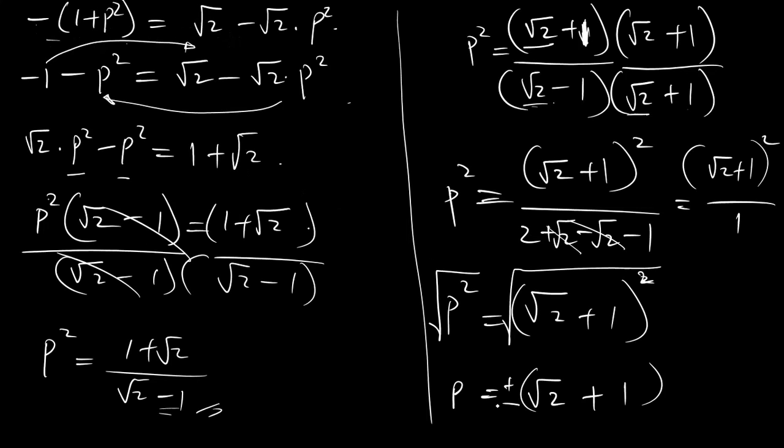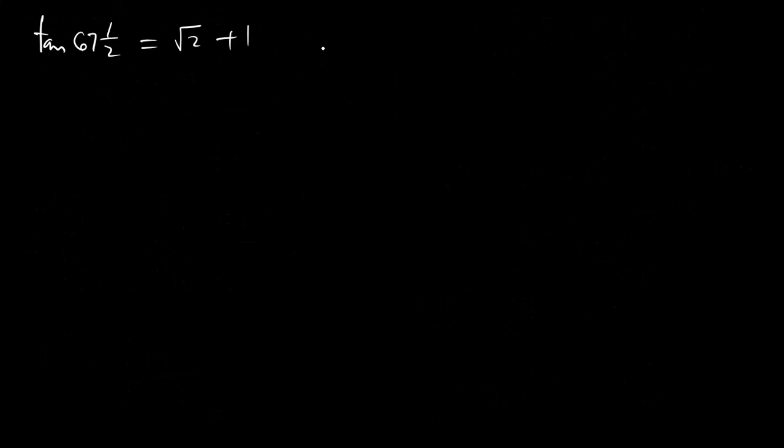The reason why we're not taking the negative value is that this is an acute angle, and if you look at the quadrants, an acute angle falls in the first quadrant, and all functions are positive in the first quadrant. Now, in the second quadrant it is only sine. In the third quadrant it is tan.